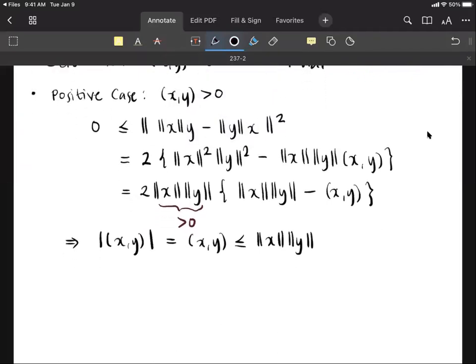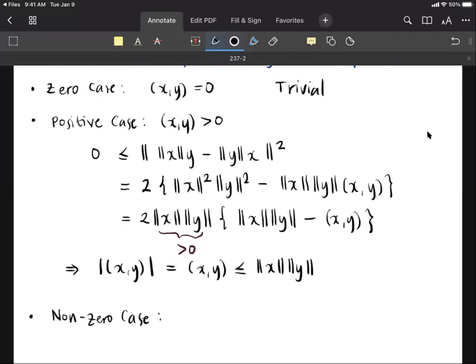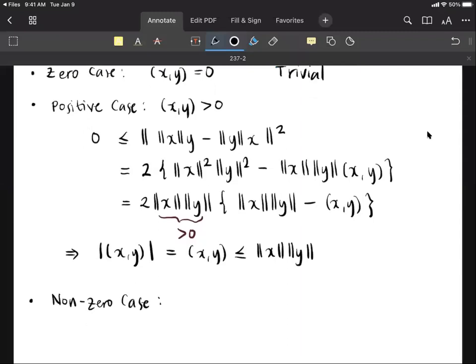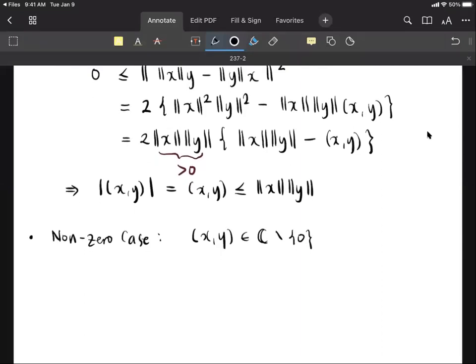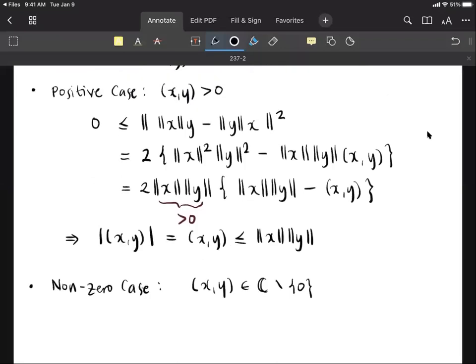And then let us now consider the general case. So the non-zero case, because we already have shown that it is trivial when the inner product is 0. Here we consider the complex case. Okay. So suppose you have an inner product that is not 0. The idea here is to convert this into the positive case.